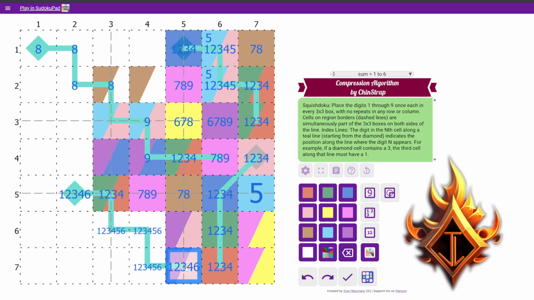If this was 6, then purple could not be there. But I don't know if it's 6. Purple would be there if it was. That would be okay though, because purple could be here.